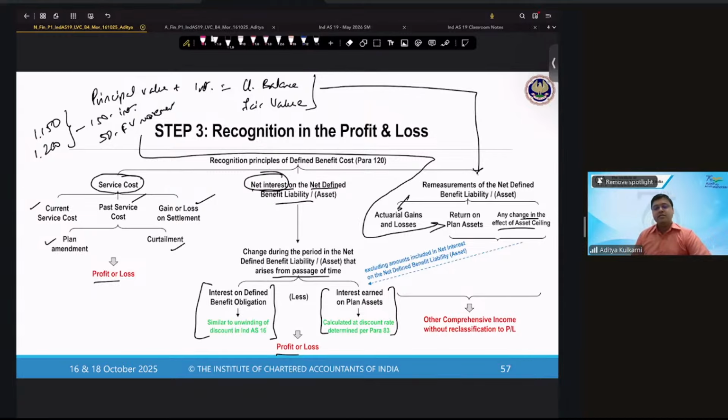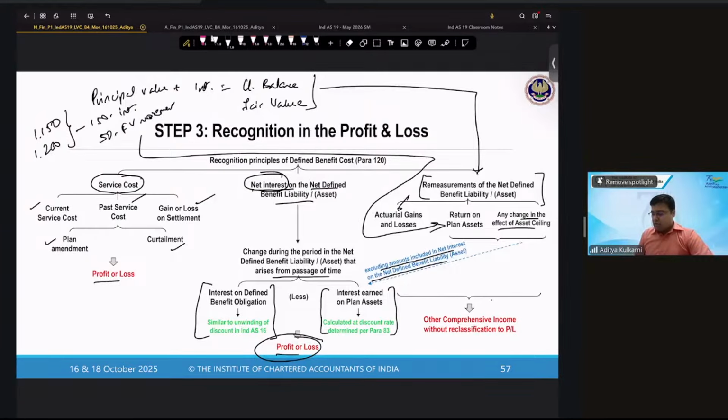If any of these three conditions arise, they are known as remeasurements of the net defined benefit liability or asset. Always remember, return on plan assets or change in effect of asset ceiling is excluding the amount included in the net interest. Interest is already covered in the P&L. So interest दोबारा मत लो. This return on plan assets is over and above the interest.